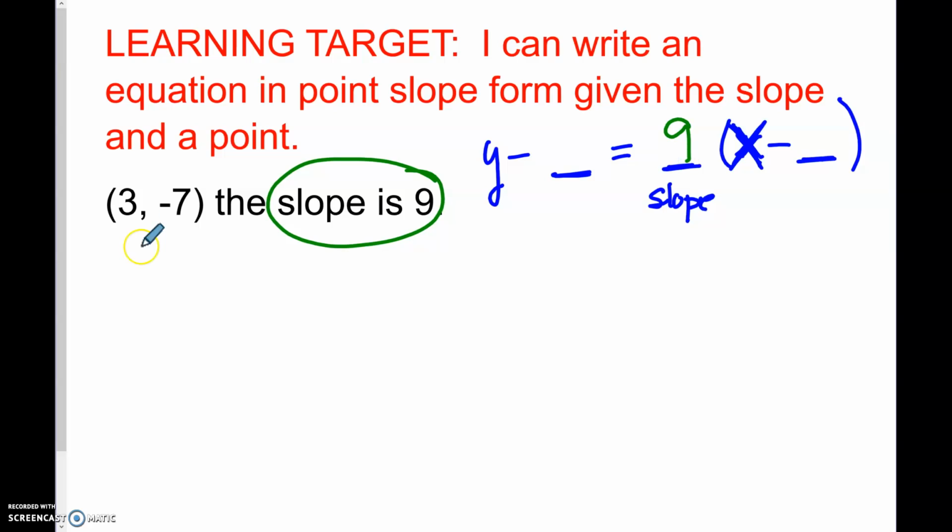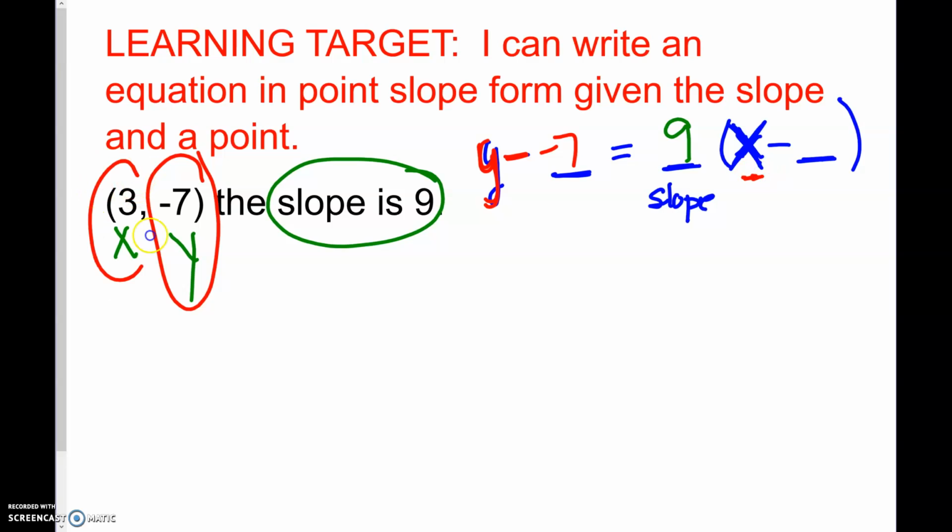Now, the rest of it comes from this is x and this is y. So now you have to pay attention to your equation. Do you see how this first letter right here says y? Y minus. That's always what the formula says. Well, what number are we going to put in after the y? We put in a -7. And then in the second blank, you see an x. So what number do we have here by x?